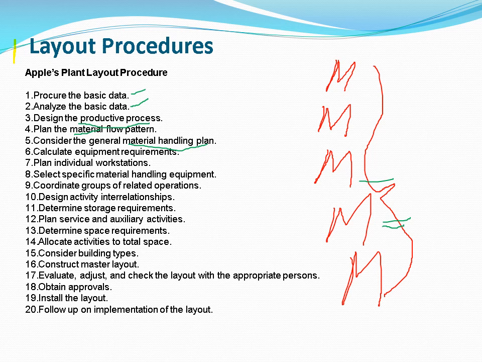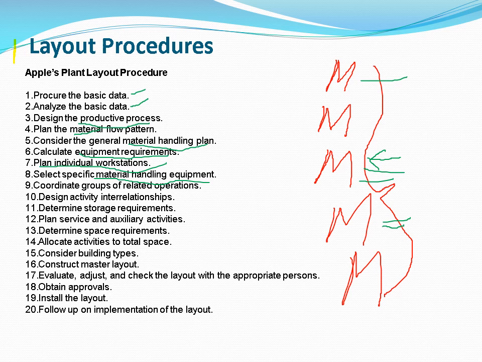Here you calculate how many equipments are needed. So you talk about machineries. Here are the workstations that are needed by your workers. You talk about men. You select again the material handling equipment and you talk about the materials.